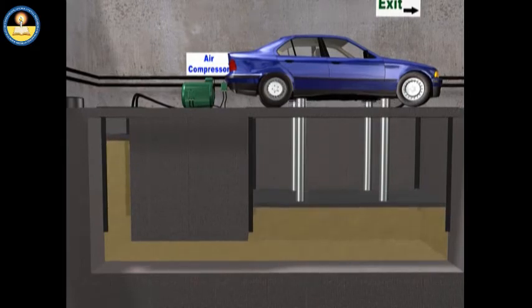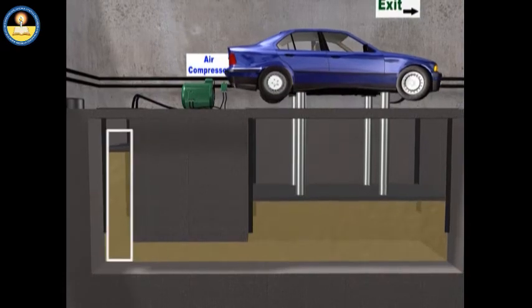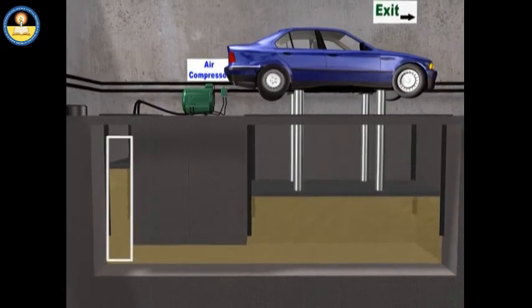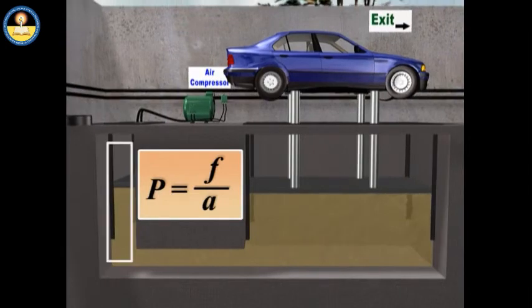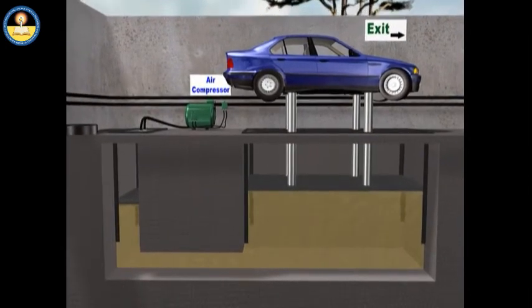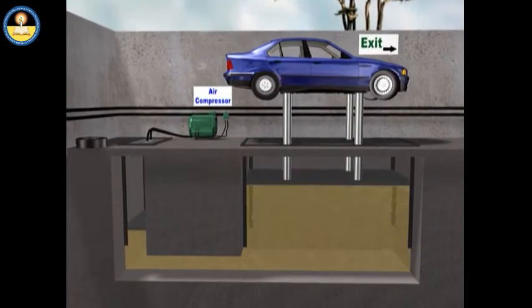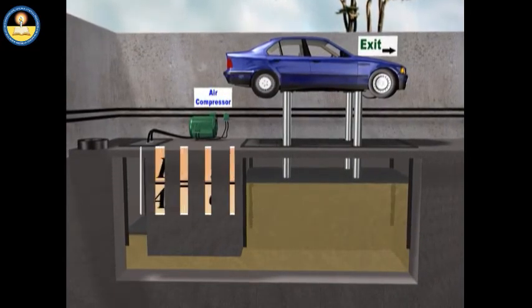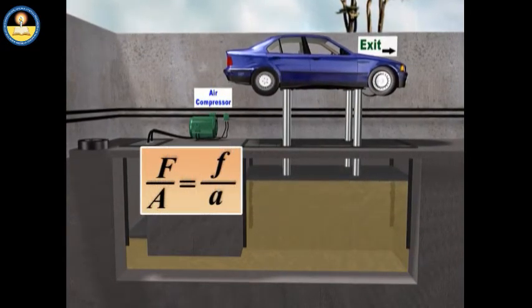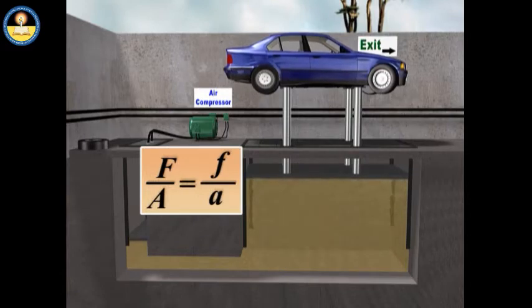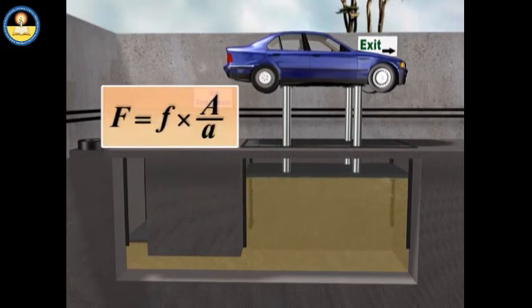When a small downward force is applied to the smaller piston, the pressure exerted over the liquid is equally transmitted to the bigger piston through the oil in the pipe, and thereby a larger force is transmitted to the larger piston. Thus, the force is multiplied by a factor that is equal to the ratio of the two areas.